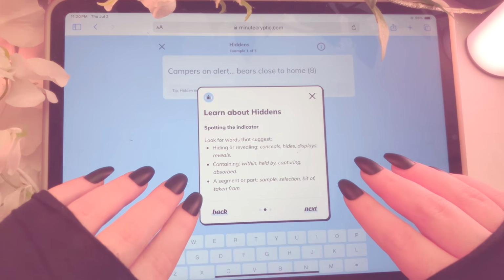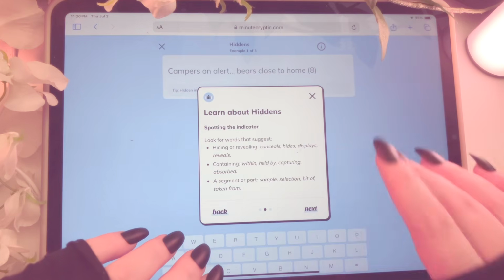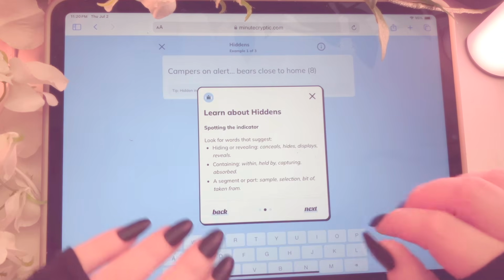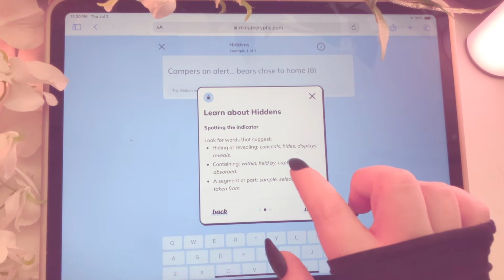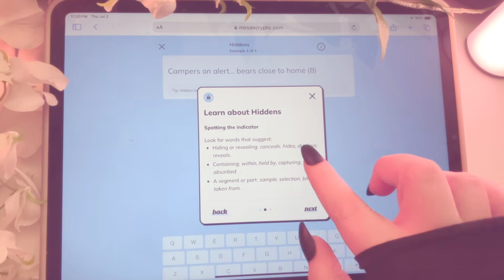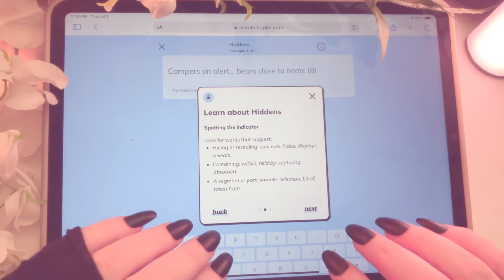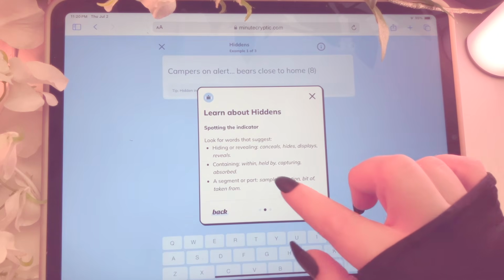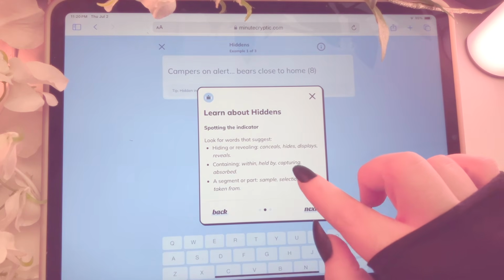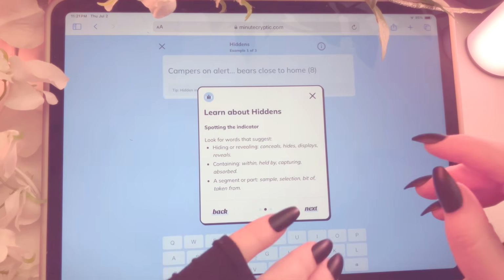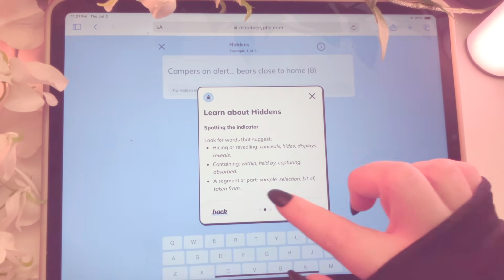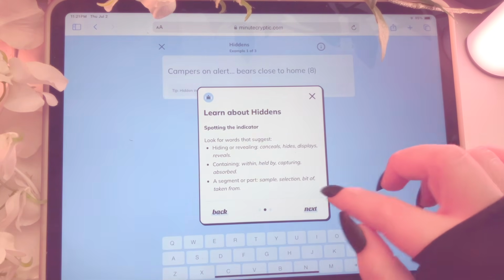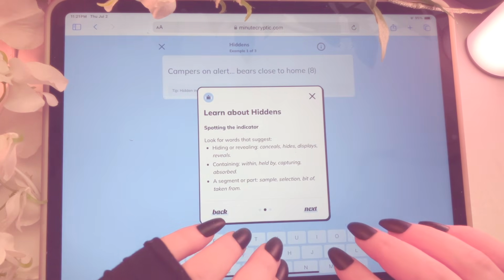Spotting the indicator. Look for words that suggest hiding or revealing, such as conceals, hides, displays, or reveals. Containing, such as within, held by, capturing or absorbed, or a segment or part, such as sample, selection, bit of, or taken from.